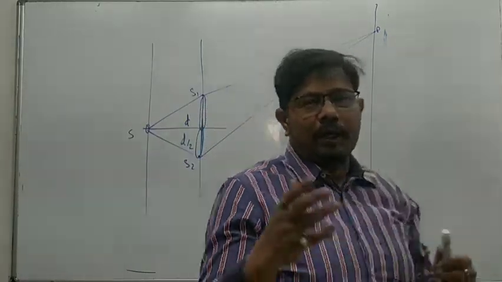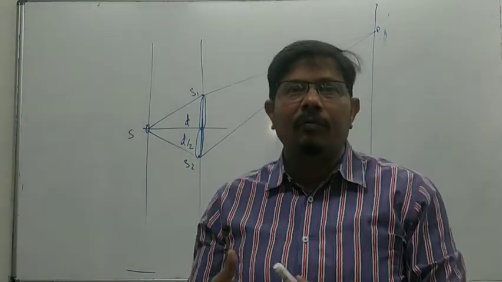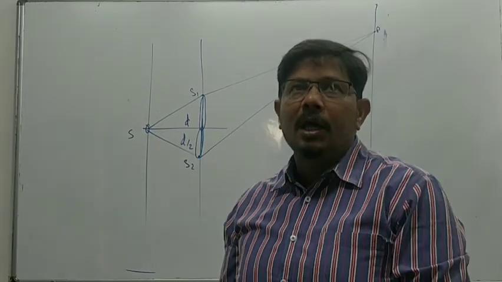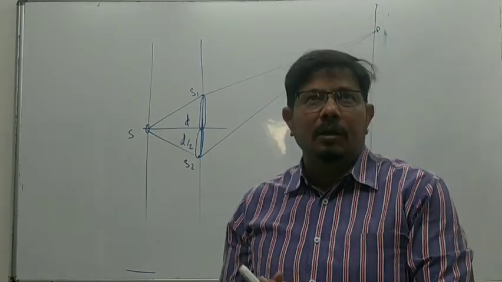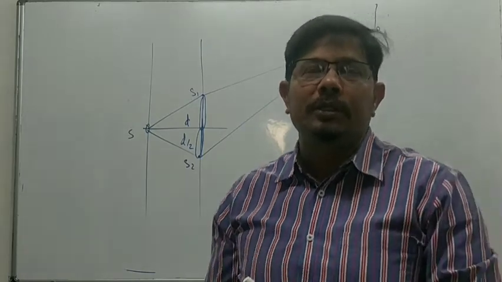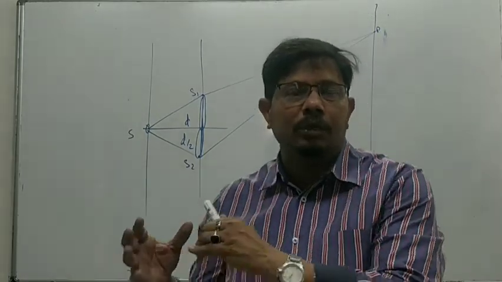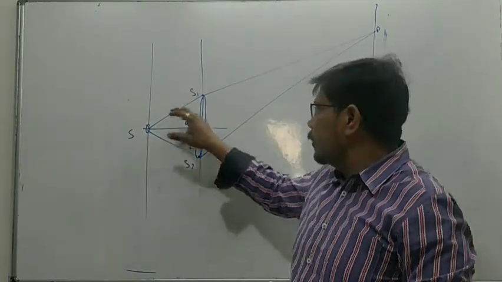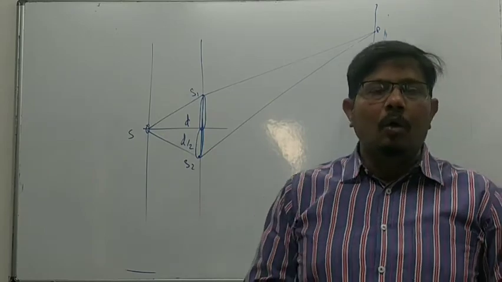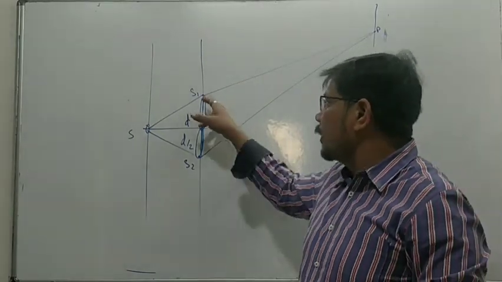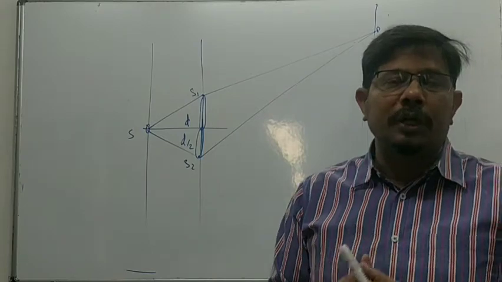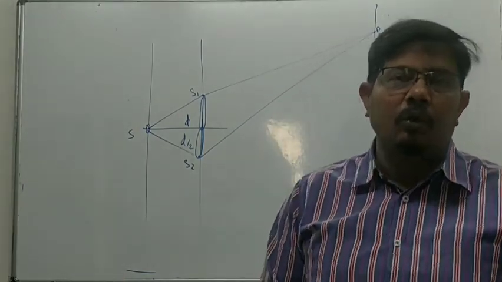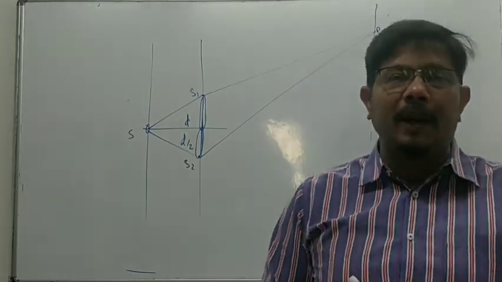So he took a strong light source S. In front of it he made two very fine slits, and these two slits become coherent sources when the light source S is illuminated. Through these coherent sources we get a constant path difference and the same frequency, so we get a complete interference pattern.